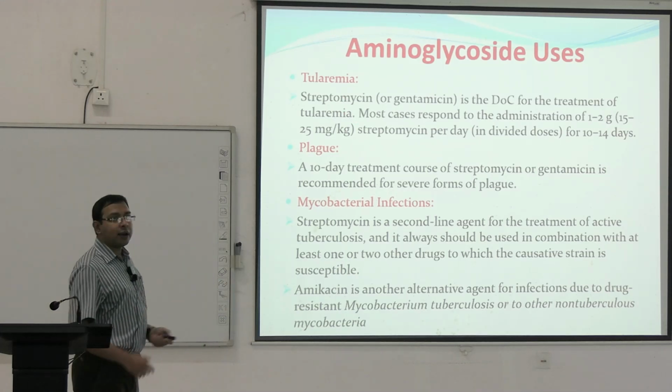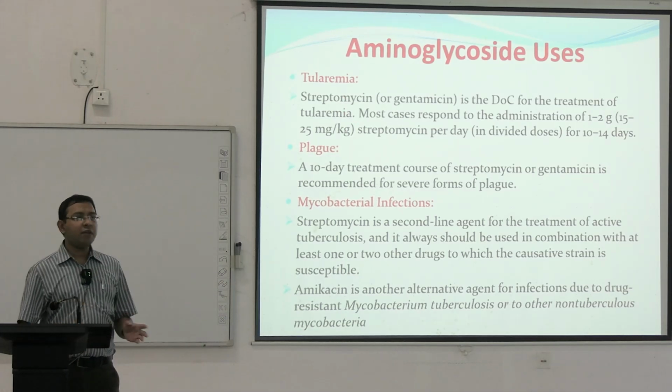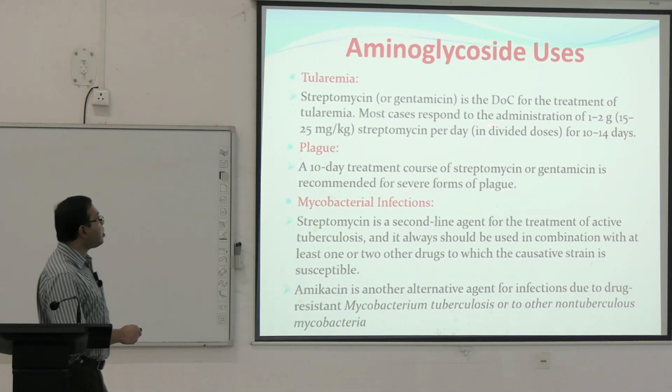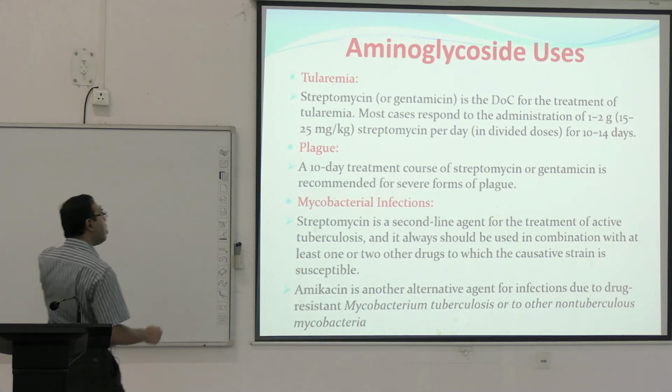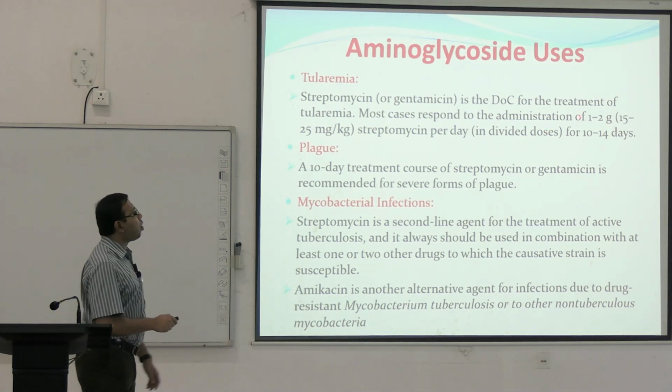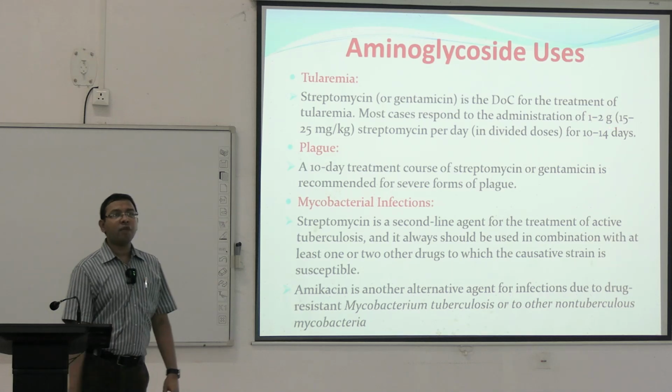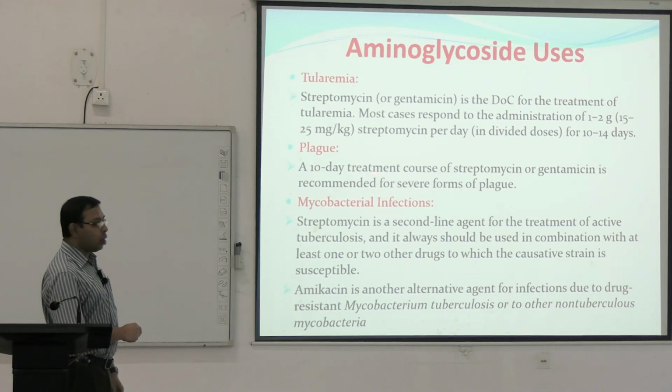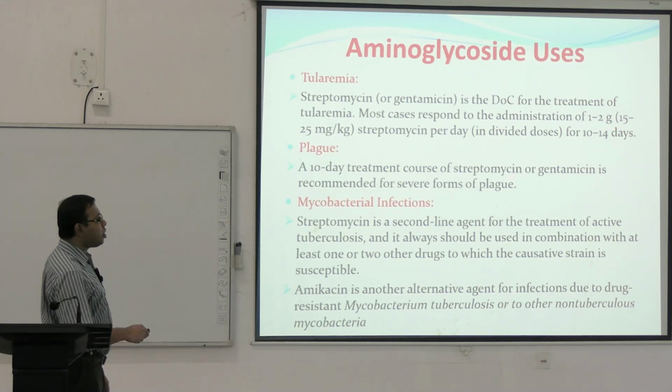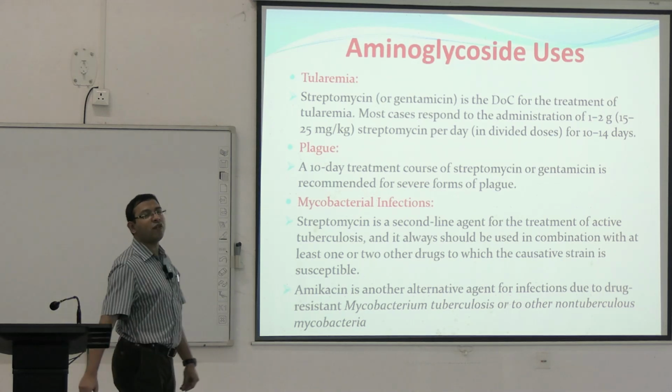Tularemia, plague and mycobacterial infections, already you have seen these are some rare infections. In tularemia, streptomycin is the drug of choice for the treatment. Most cases respond to the administration of 1 to 2 gram of streptomycin per day for 10 to 14 days. Plague, a 10-day treatment course of streptomycin or gentamicin is recommended for the severe forms of the plague.